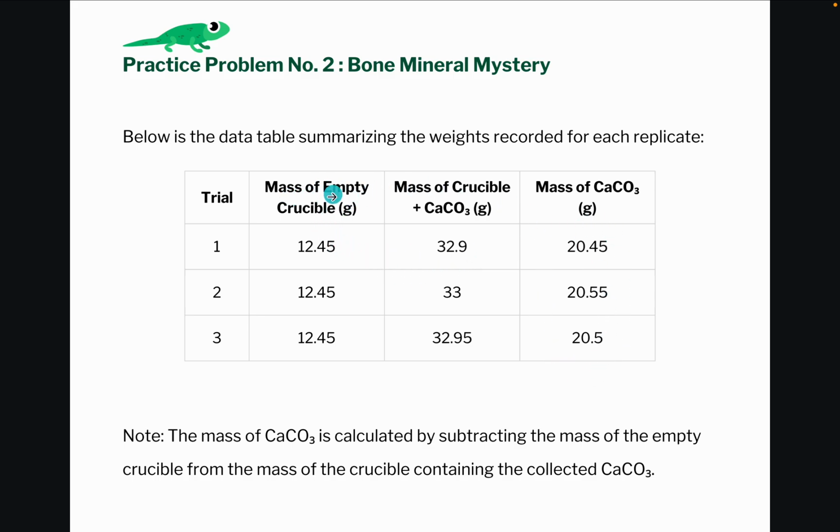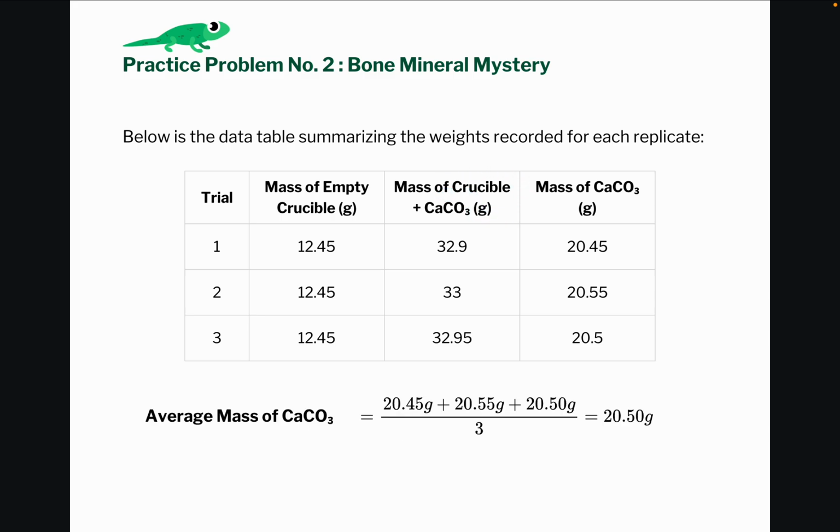We get the mass of empty crucible and mass of crucible plus calcium carbonate, in grams. And in order to get your mass of calcium carbonate, you just subtract the mass of the crucible from the mass of the crucible containing the calcium carbonate.